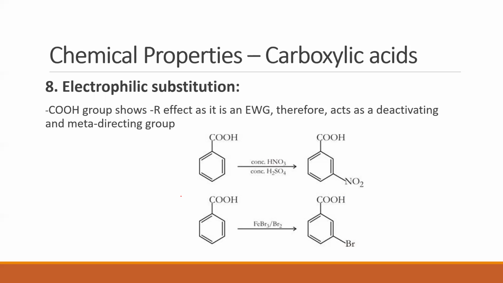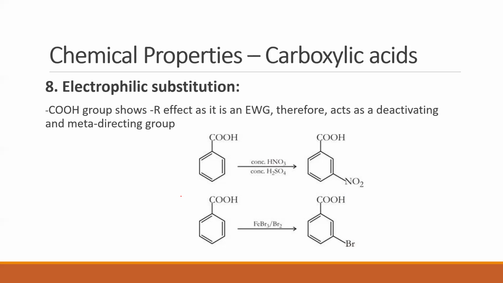Now, who will decide this? The functional group will decide, based on whether it is electron releasing or electron withdrawing. If it is electron releasing, then ortho and para products are formed. If it is electron withdrawing, meta products are formed.